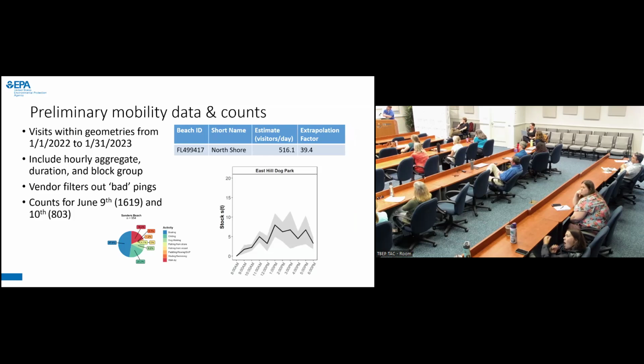So to give you an idea of what we saw in that data, we queried it from 2022 to 1 month into 2023, because at the time of the purchase, that was the latest and greatest data available from the vendor.